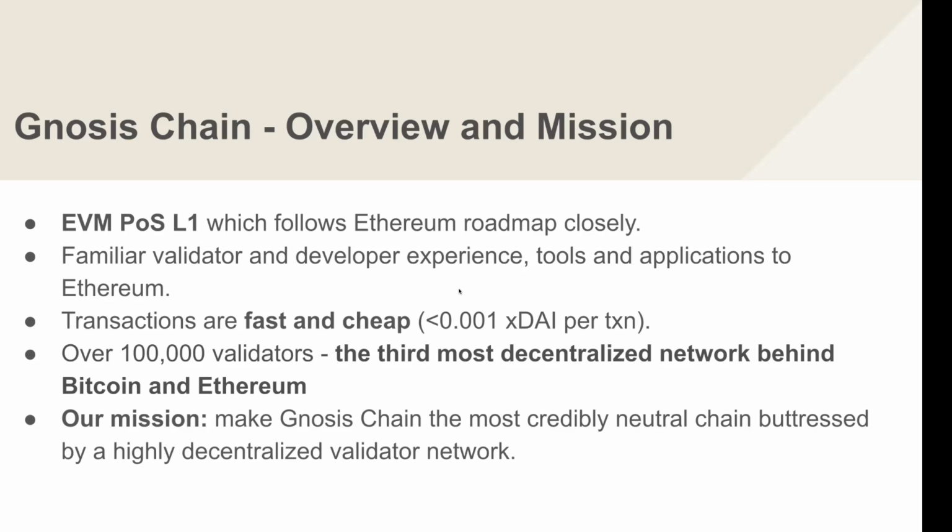Our mission is to make Gnosis Chain highly credibly neutral by having it as diversified geographically as possible. So we're looking for that geographic diversity, with people all around the world running these validator nodes, so that everybody as a community has the most robust network we could possibly have.